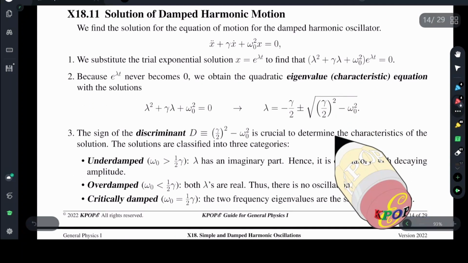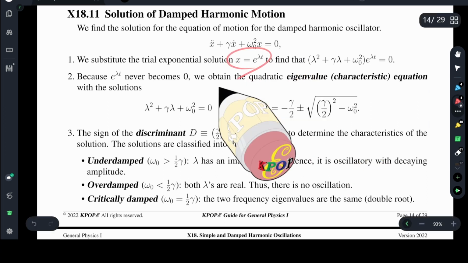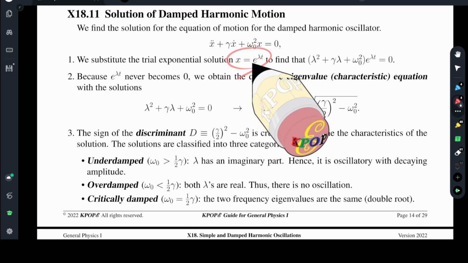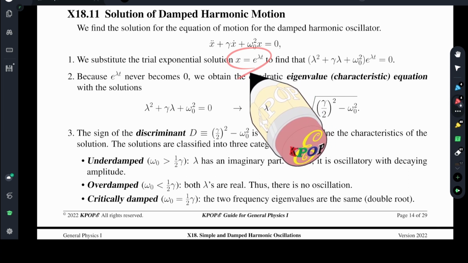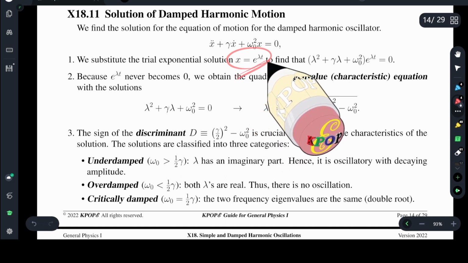Let's find the solution for damped harmonic motion. Here, we introduce a trial solution. If it works, that's fine. But if it doesn't work, we need to think of another way. However, why not? Trying doesn't hurt.